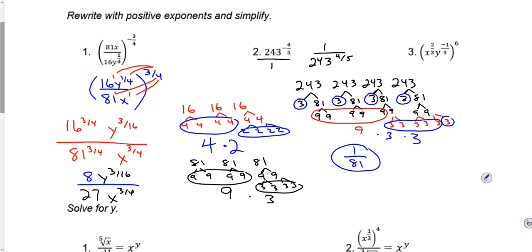You know what I'm saying? If you see a problem that has only numbers in it, you could actually just type the thing in your calculator and do it for you. The only problem is, if you get a problem that has leftovers, it will not show you the leftovers. It'll turn it into a decimal, so then you will have to do it by hand. So if you would have just typed 243 to the 4/5, you would have got 81.